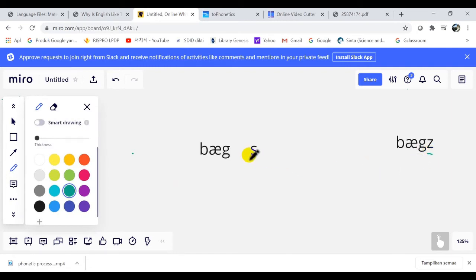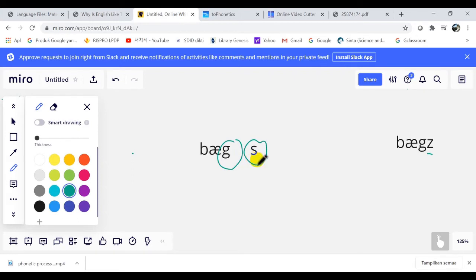So in this case, the sound s is influenced by the preceding sound g. G influences s. So it becomes "bagz" instead of "bags." Okay, why? Because this is voiced and this one is voiceless, so it will be easier if both are the same, voiced.